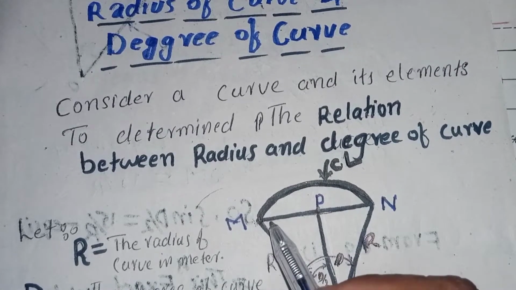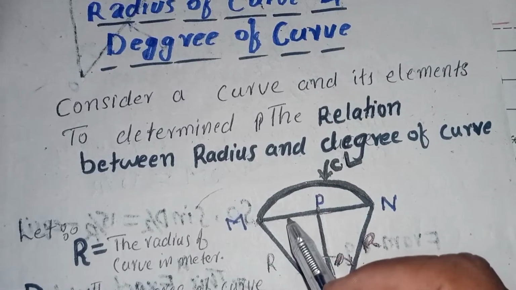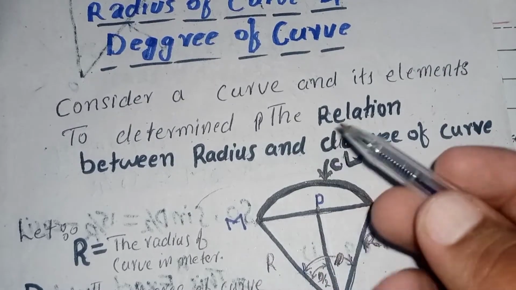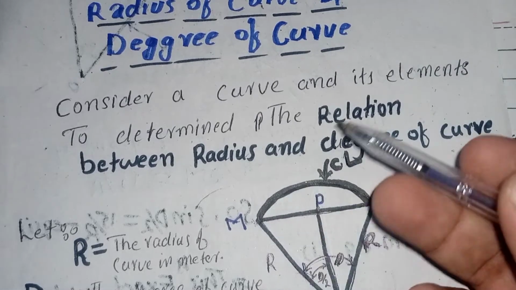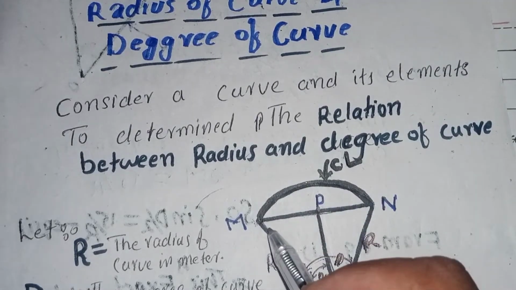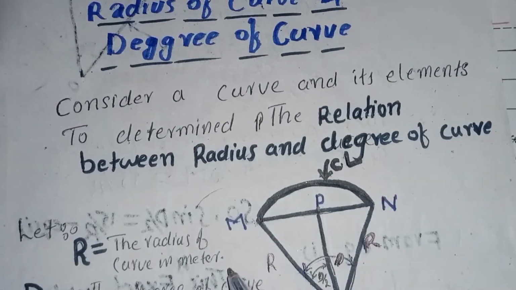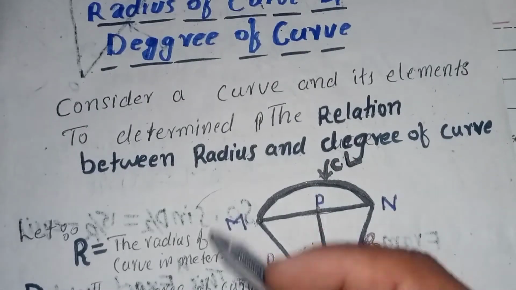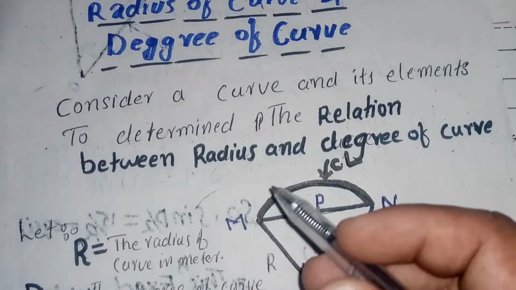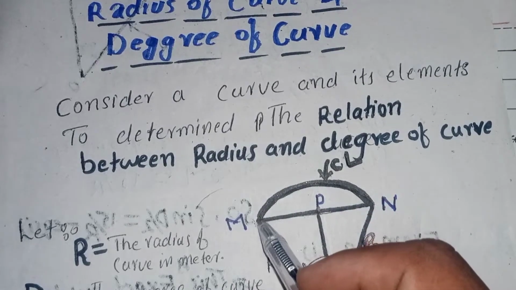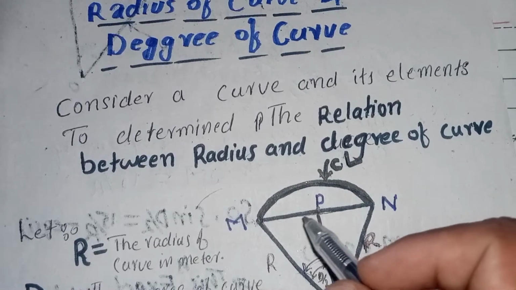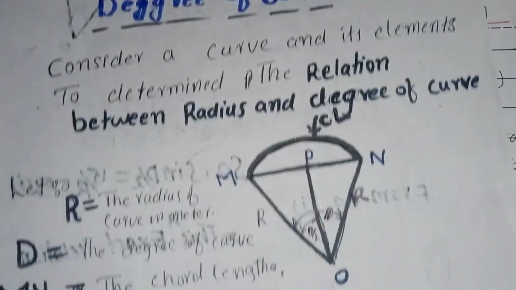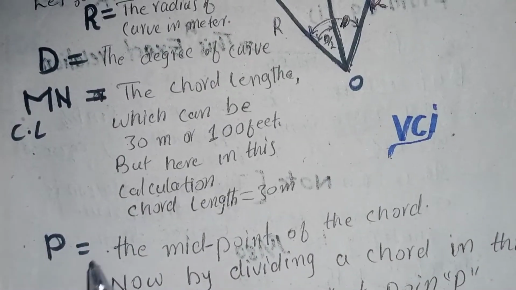This chord length can be 100 feet in the engineering chain, and 30 meters in the metric chain. In this calculation we are going to explain in the metric chain, so the distance MN, the chord length, is equal to 30 meters.